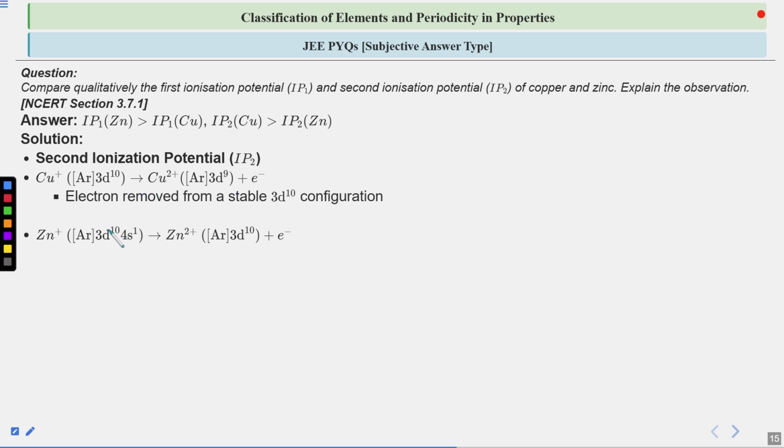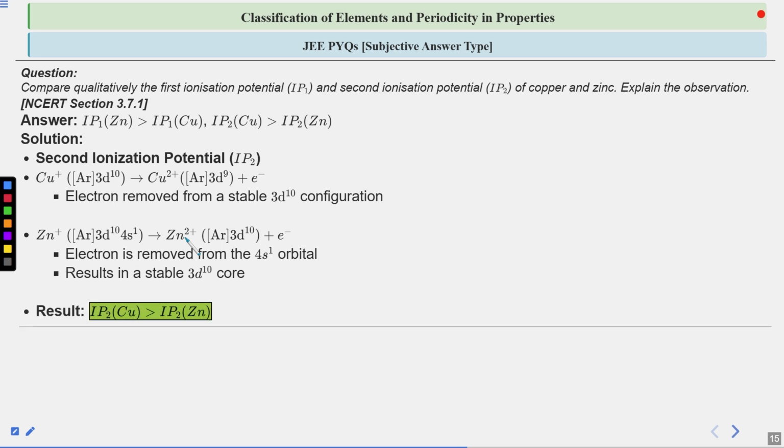But if we consider zinc plus, we are removing an electron from the 4s1, and when we do so, it results in a stable 3d10. So the second conversion, zinc plus to zinc 2 plus, is very easy compared to copper plus to copper 2 plus, because in the second case we are moving away from a stable d10 configuration, which is a fulfilled subshell. Finally, we can write that the second ionization potential of copper is greater than the second ionization potential of zinc.